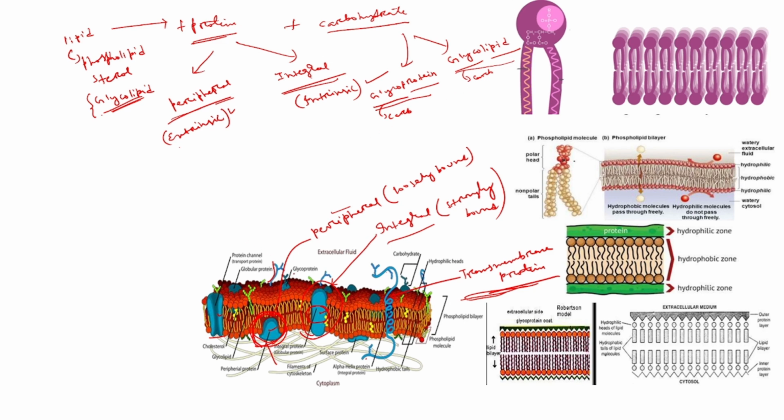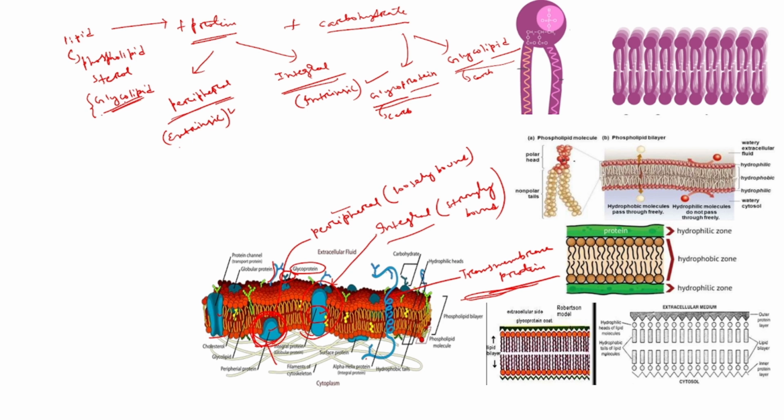Look at this structure. This is called the glycoprotein. This is a protein, and to this protein a carbohydrate group is attached. And some carbohydrate is bound to the lipid structure, and that is called the glycolipid structure.